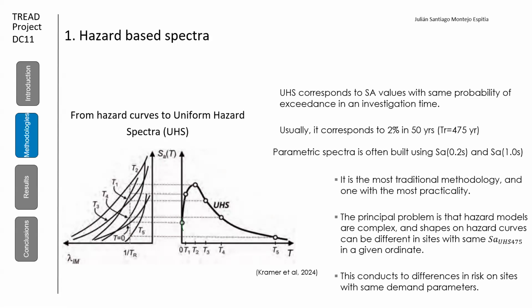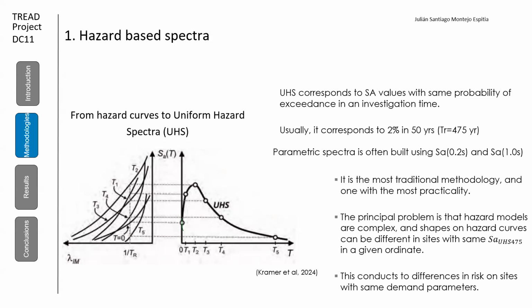Usually the seismic codes define the demand in terms of the probability of exceedance of 2% in 50 years. Or as the engineers say, the demand for a return period of 475 years. So this is beautiful, this is very easy, but it has some questions to solve.